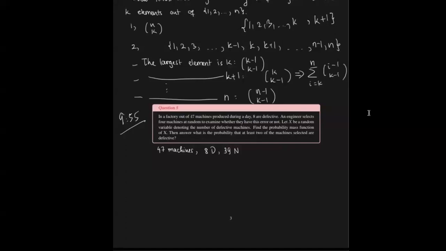We know that X follows a hypergeometric distribution. And if you select 4 machines, then the number of defective machines can be 0, 1, up to 4.